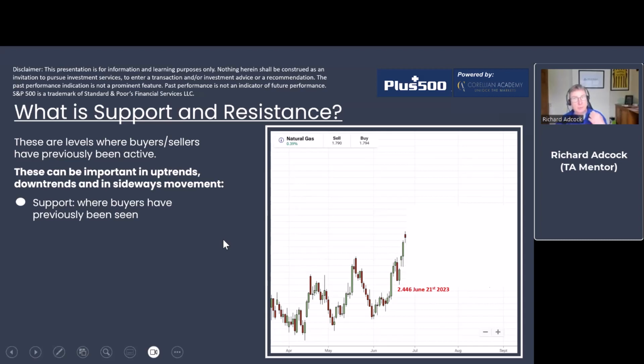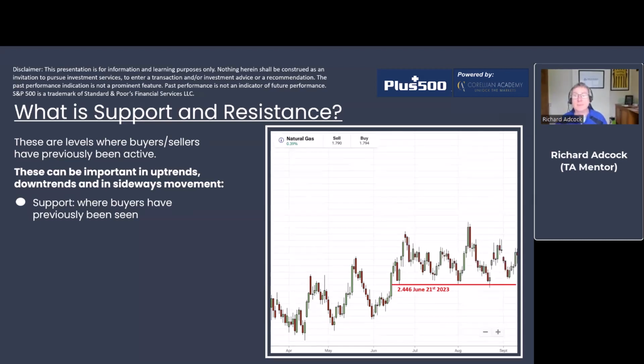That naturally leads us to look at that as being an important point where, because buyers have previously been found from it before, that will potentially act as an area where buyers will be found again. So the market can correct back to it, but continue to find the buying activity or the support within the market, a demand for the asset that we're analyzing, and that will again consistently act as a support level from which the market can rally up.